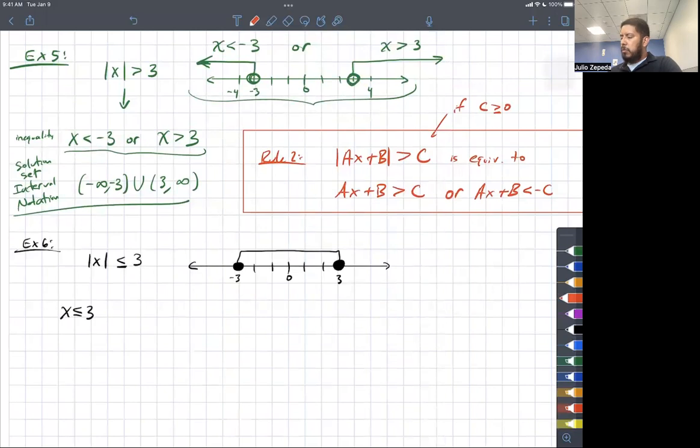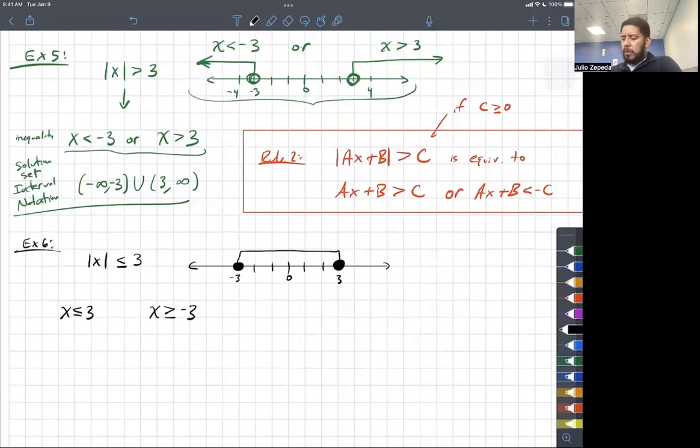So our solutions also need to satisfy x being larger than or equal to -3.